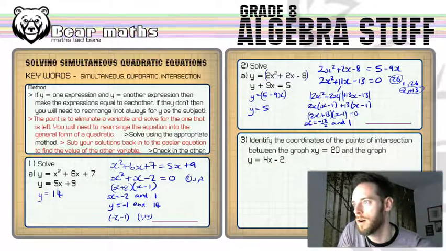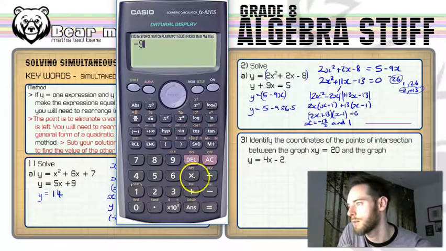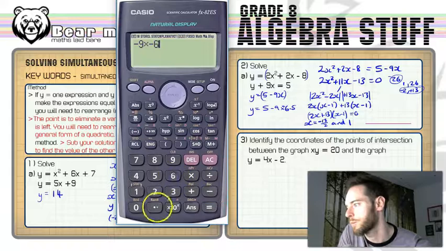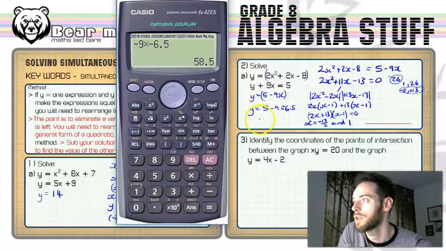So I'm going to get my y value straight away. Y is equal to 5 minus 9 multiplied by 6.5, or negative 6.5, that should say. All right, two negatives are going to make it positive. All right, let's just substitute in and see what that gives us. So a negative 9 multiplied by negative 6.5 equals 117 over 2, which is 58.5.